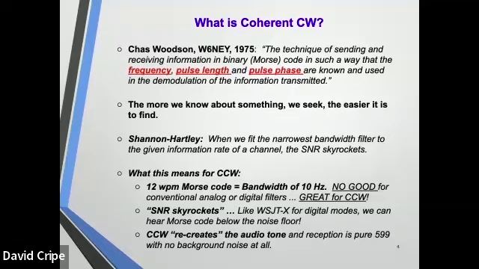The Shannon-Hartley theorem, as far as bandwidth, and a derivative of the Shannon-Hartley theorem of communications, says that essentially the more you can get a really narrow bandwidth on a signal, when you can fit a narrow filter over a signal, the signal to noise ratio really skyrockets.